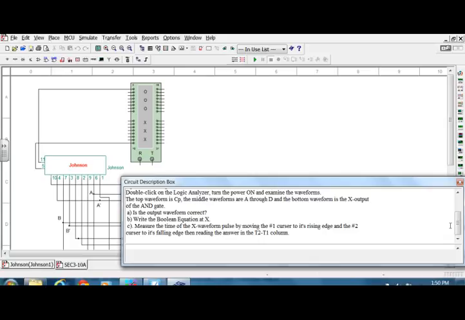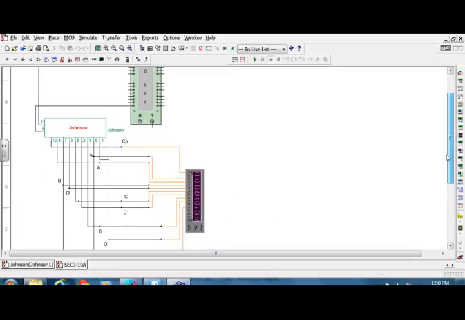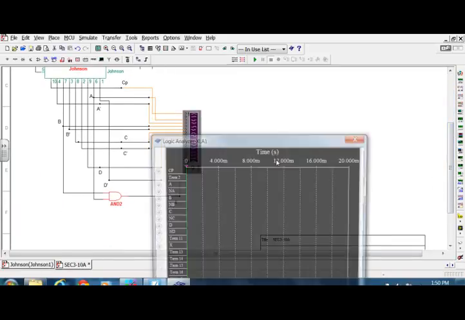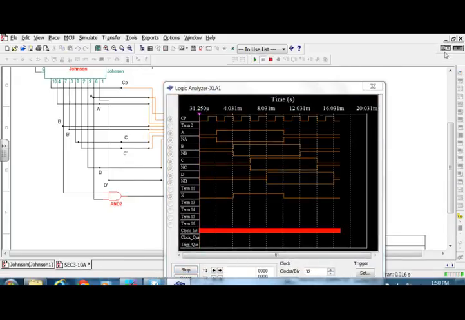What is the time width of the X waveform pulse? Measure the time. Yeah, that's the same thing. So it's just telling us how to get it. All right, so get onto here. So I'm going to open that up. I'm going to turn it on.